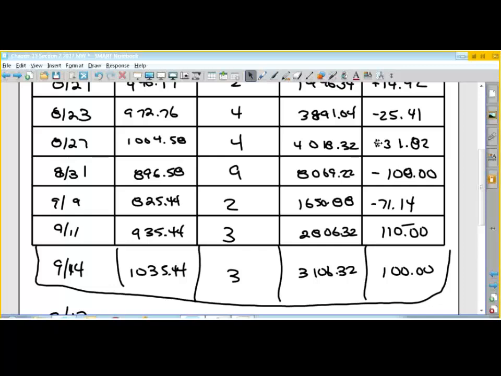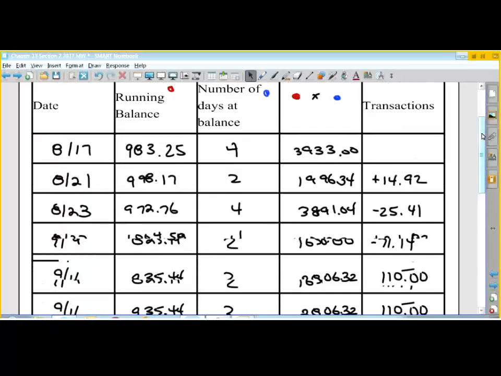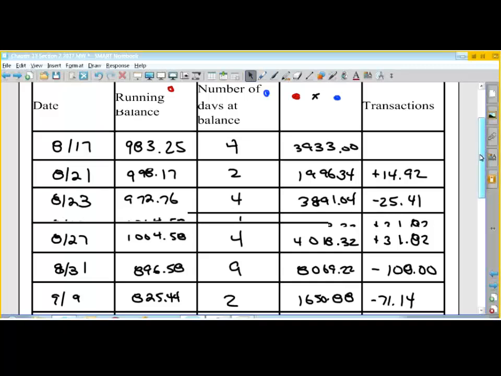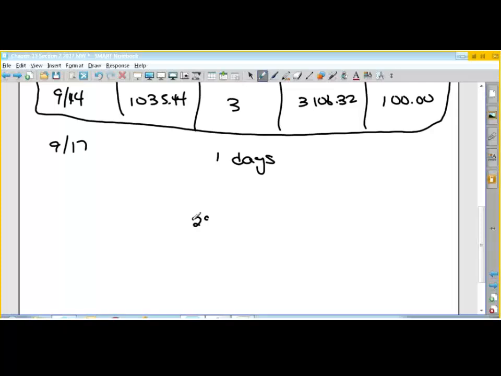So 3106.32 plus 2806.32 plus 1650.88 plus 8069.22 plus 4018.32 plus 3891.04 plus, now we're going to move up a little bit here, 1996.34 plus 39.33.